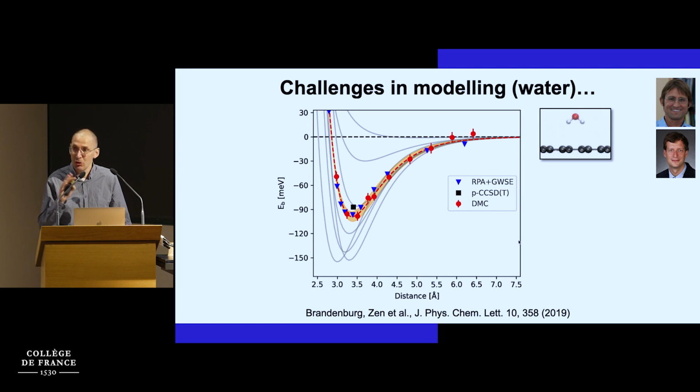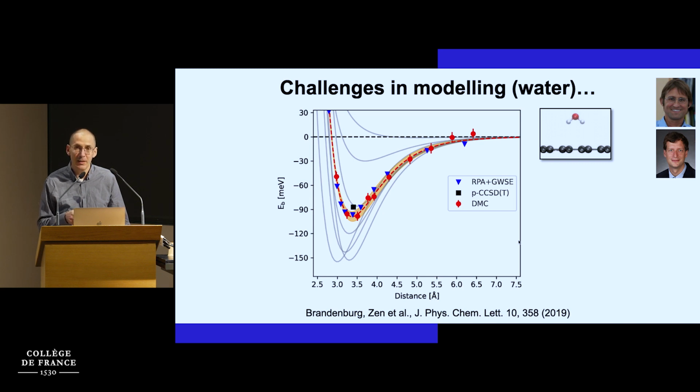And I'm not going to go into that today, but these types of binding curves, these types of reference data sets for the condensed phases of ice, for water interacting with carbon sheets, with nanotubes, all different environments, these can be used to provide insight into the performance of density functional theory, and also to train classical interatomic potentials. And that's one of the reasons we're pursuing this line of research.